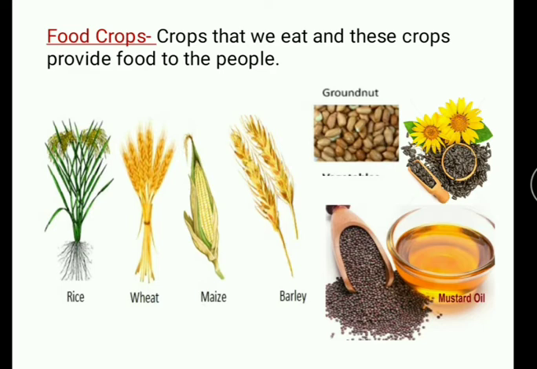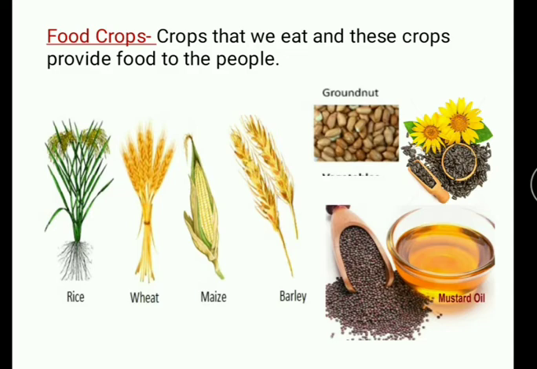These millets are ready for harvest within 45 days. Millets are considered more nutritious than wheat. Then you can see here in the picture groundnut, sunflower seeds, then mustard seeds. These are known as oil seed food crops.